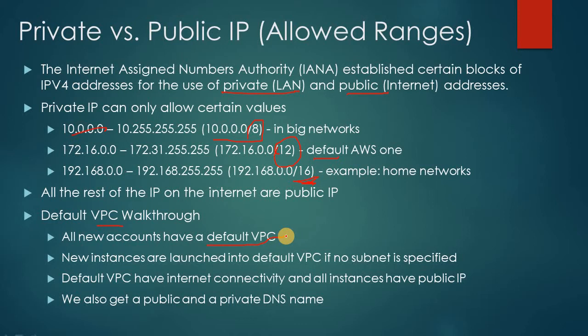It's already created as a default, and when we launch an EC2 instance, it is connected with the default VPC. We can also create our own VPC, and define the IP address range, or use a CIDR block. The default VPC has internet connectivity, and instances have a public IP. We also get the public and private DNS name in the EC2 instance.